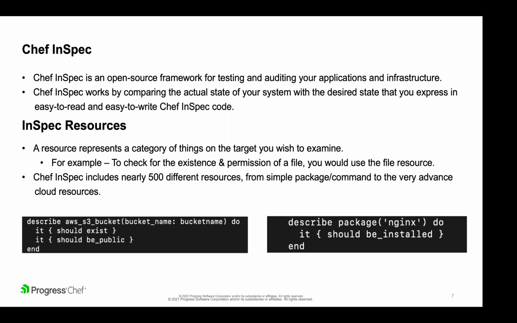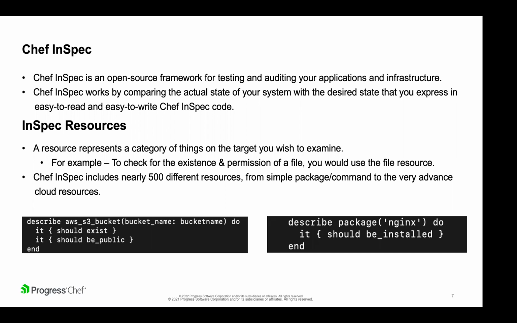Now next coming is what are Chef InSpec resources. Within InSpec, there are over 500 resources as of now, half of which target the cloud providers. It's basically a category of things on the target node you wish to examine, like a package or a bucket. In the screenshot which you're seeing right now, I have two of them.